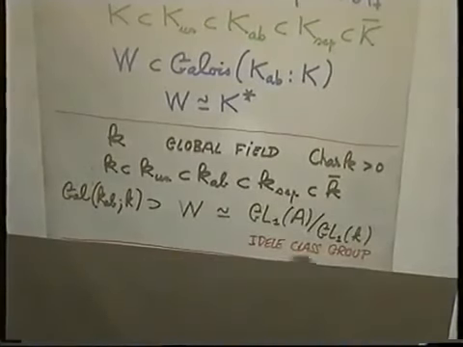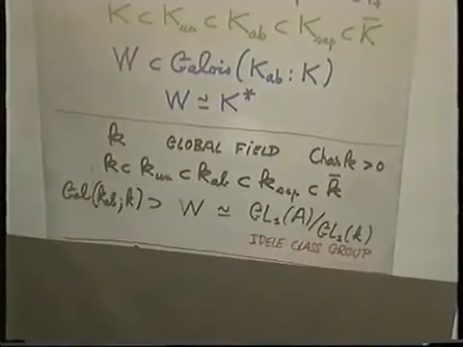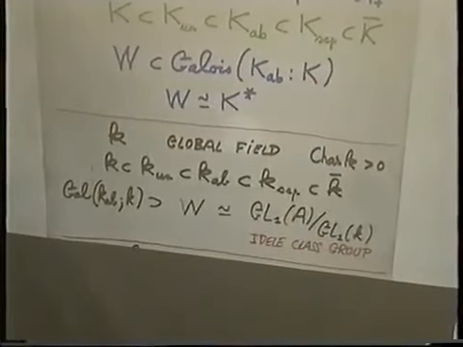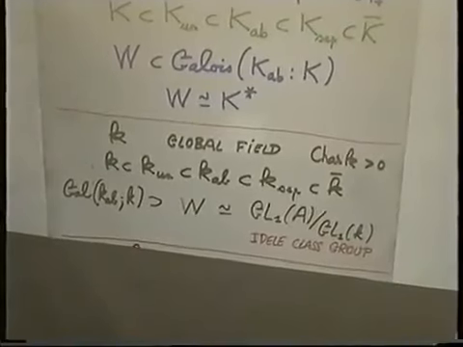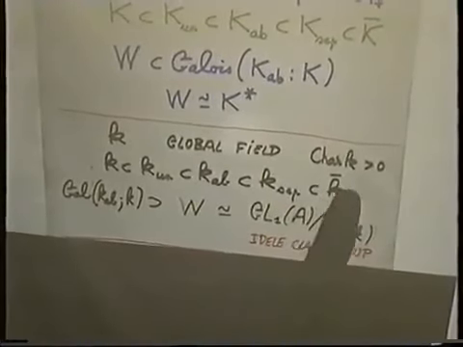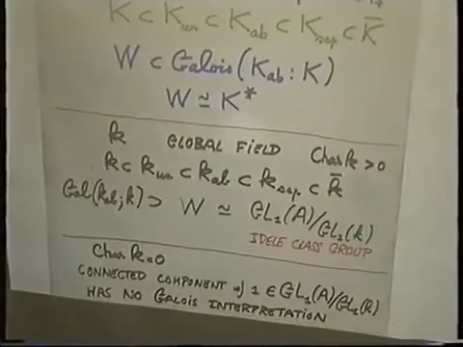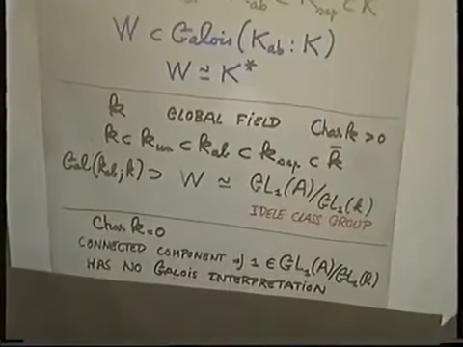Now, there is a paper of André Weil in a Japanese journal, I forgot, the Tokyo journal, I think, in the end of the 40s, in which Weil explicitly mentions the big defect of our Galois theory so far, which is that there is no Galois theory interpretation when the characteristic of K is 0 for the connected component of identity in the ideal class group.